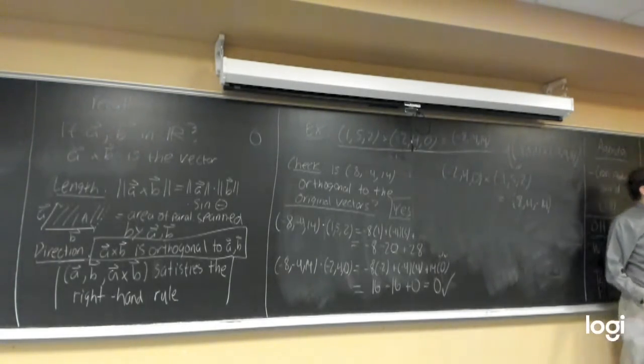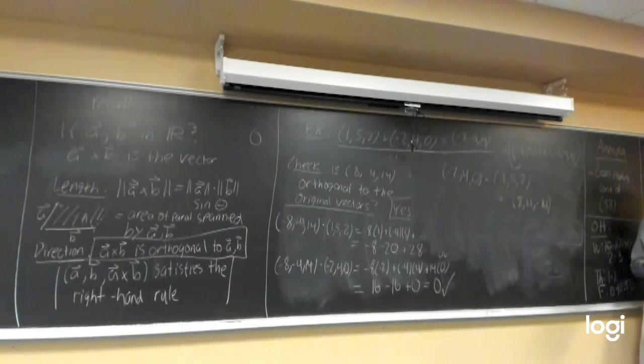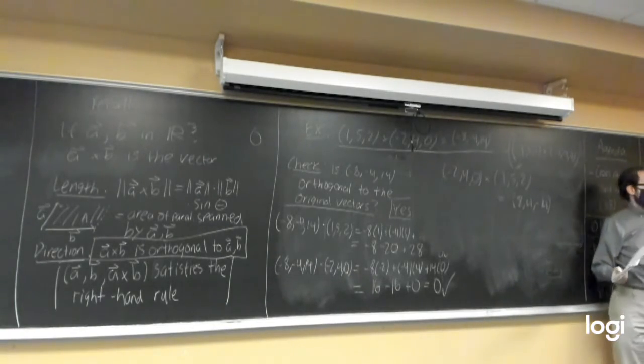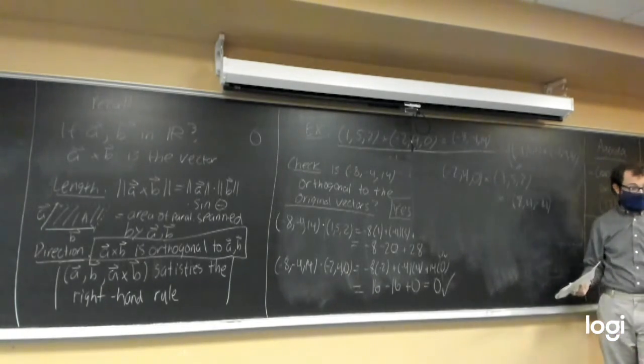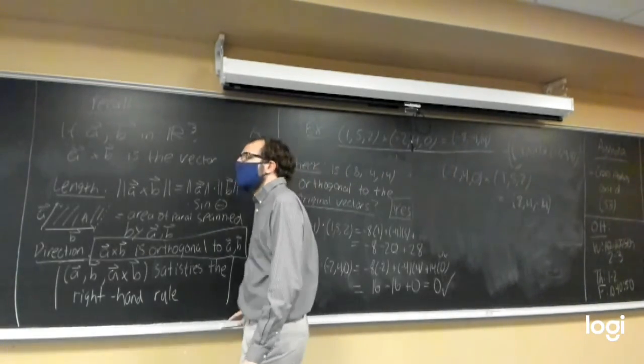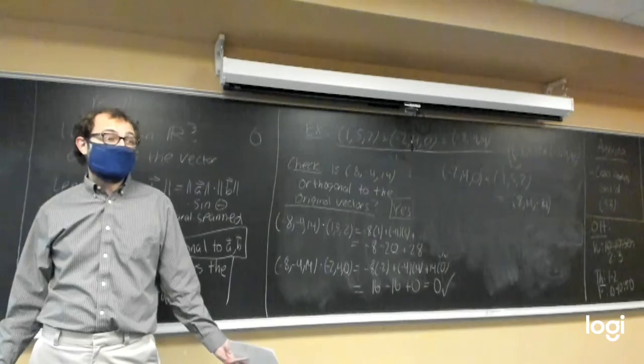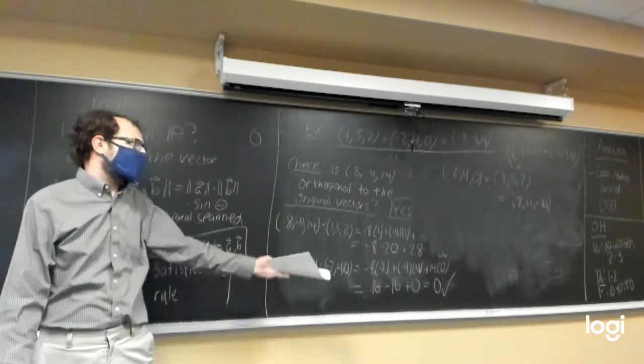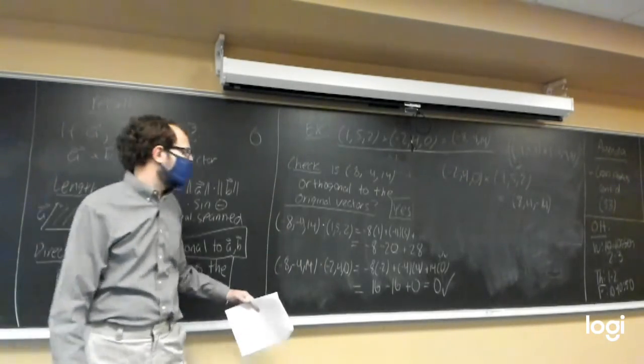Because as we said last class, the cross product is anti-commutative, meaning A cross B is always going to be the negative of B cross A, and vice versa. So that is one way that you could be making a mistake that this checking method wouldn't catch.